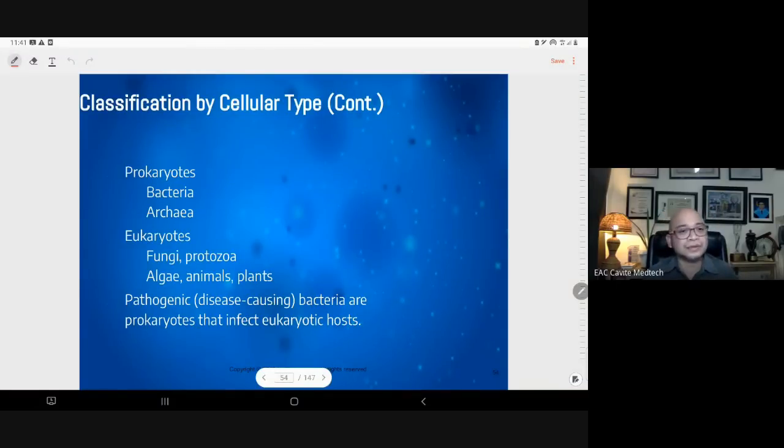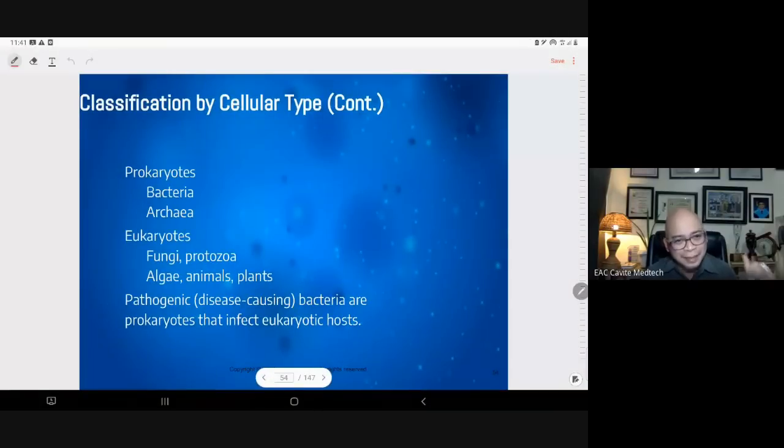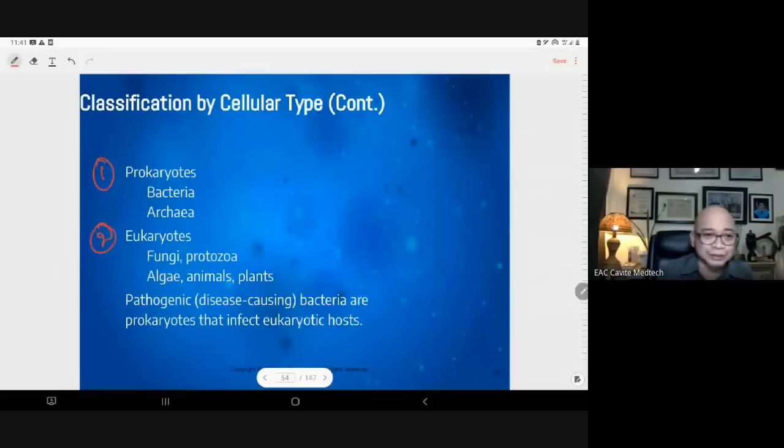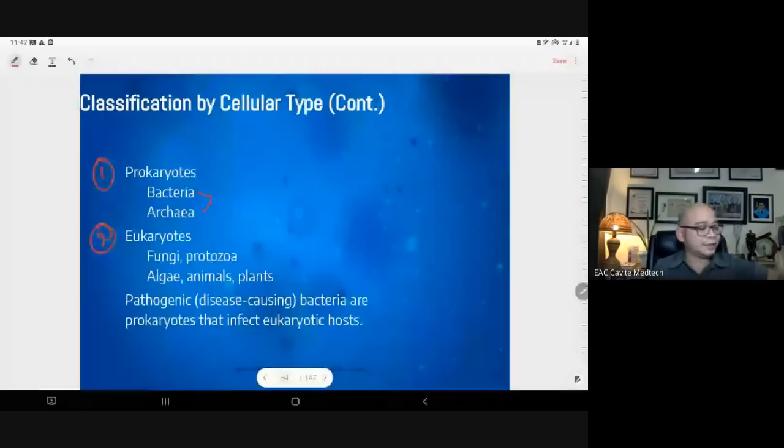Okay, so according to cellular types, there are two major kingdoms. So we have the prokaryotes and then the eukaryotes. Okay? So both bacteria and archaea are considered to be prokaryotes.